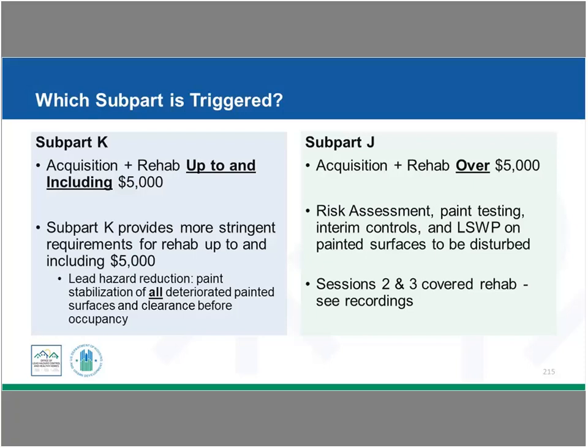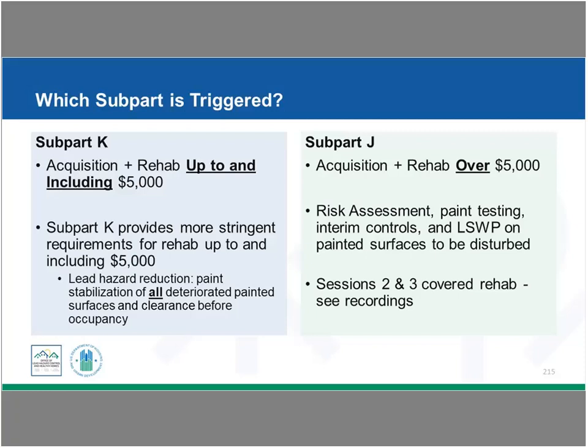In this case, our lead hazard reduction is going to be on all deteriorated painted surfaces. It's not just, as under Subpart J, the painted surfaces that are going to be disturbed by the work. Under Subpart K, we would be looking at all deteriorated painted surfaces, and we're going to treat or repair all of those deteriorated surfaces and then do clearance.